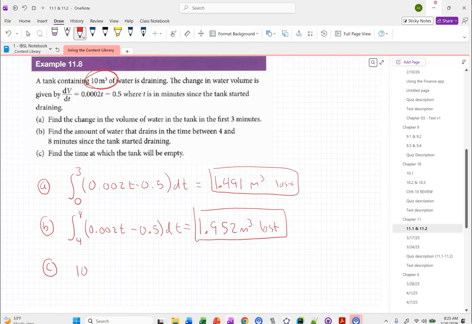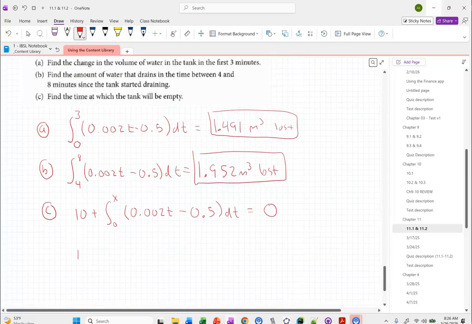So we need essentially the equation to be that, right? So far, so good. So I'm going to go ahead and do my antiderivative.